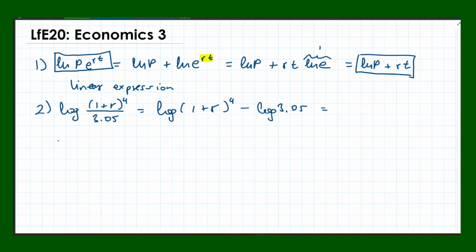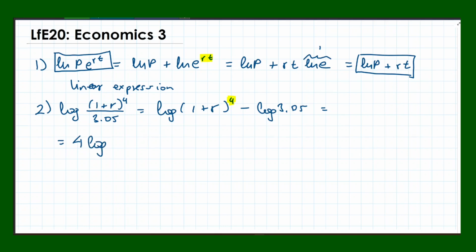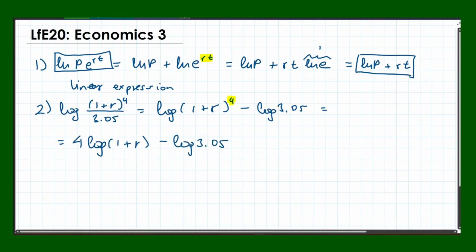Right? Next step, again, we have got an exponent in the argument of the first log. So that can be brought down as a multiplier. So I can have 4 log 1 plus r minus log 3.05.